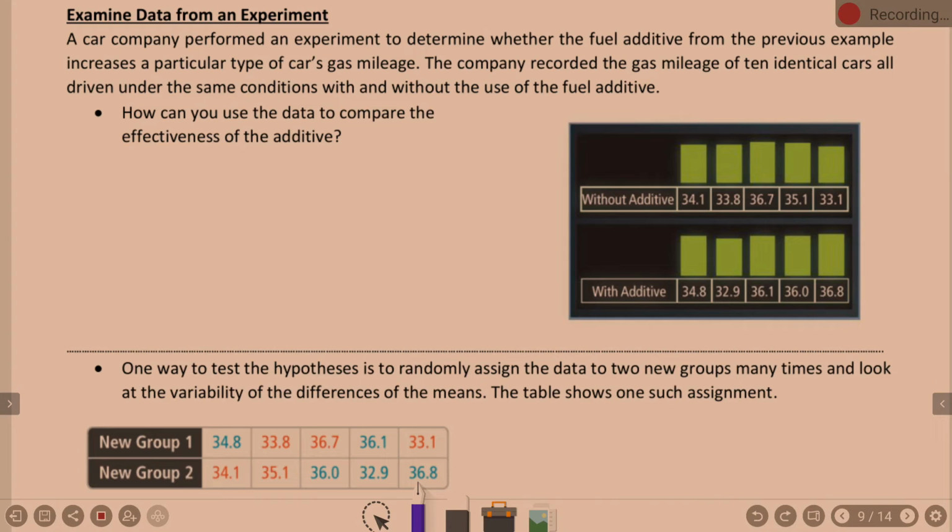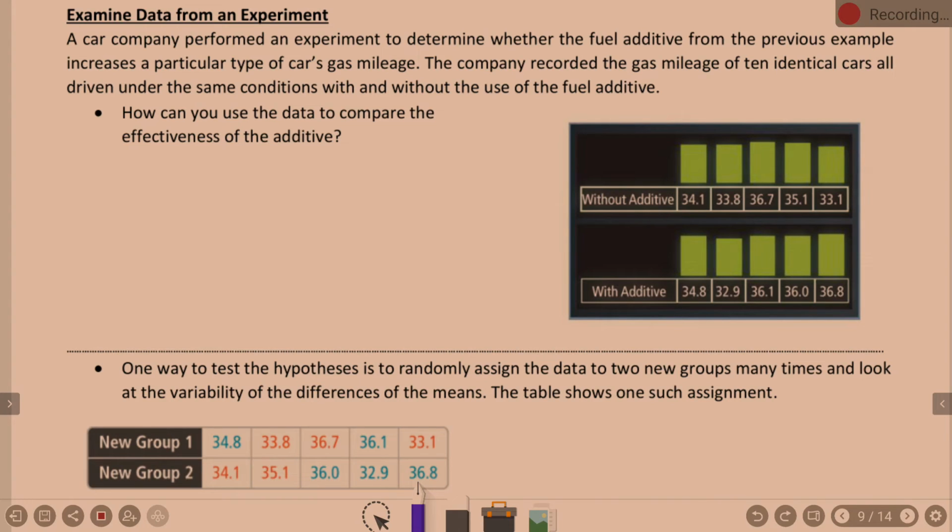Can we take these 5 without the additive and find the average, take these 5 with the additive and find their average? Okay. That's what I want to do here. I want to find both averages, and then we're going to work with our hypotheses here. We're going to have hypotheses based on the 2 groups.